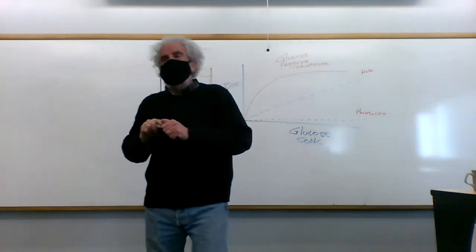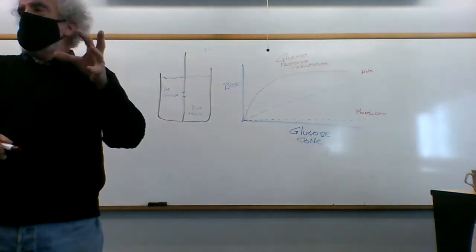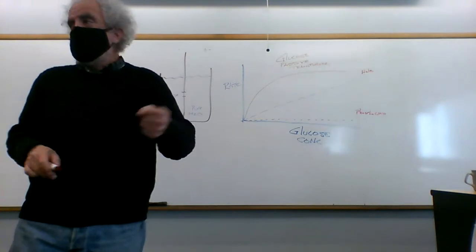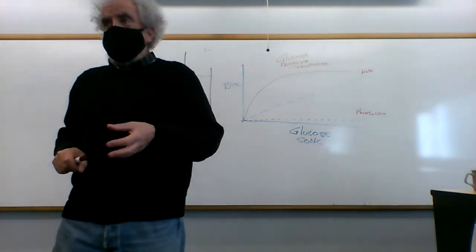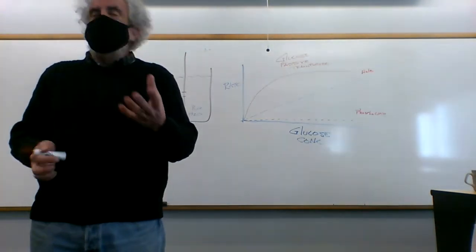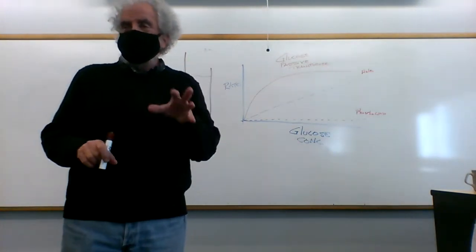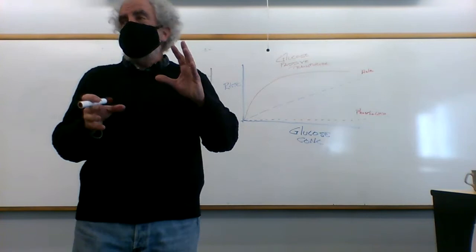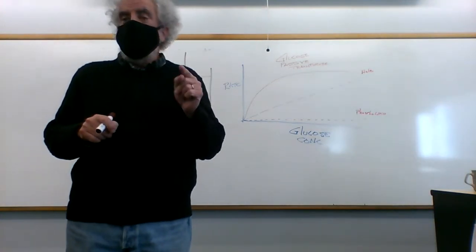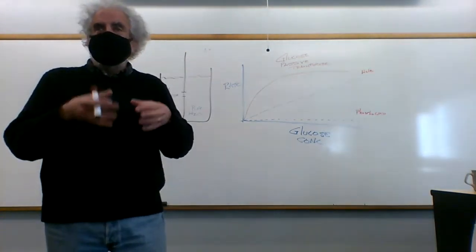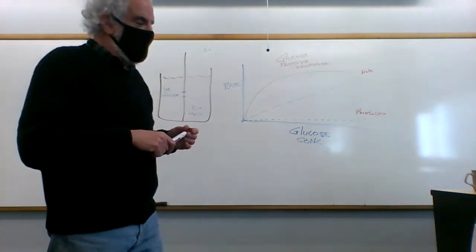And glucose, as a sugar, has a stereoisomer. You have either D-glucose, the right-hand stereoisomer, or L-glucose. And it turns out, as far as glucose is concerned, the naturally occurring stereoisomer is the D form. You can create levulose, or left-handed glucose.